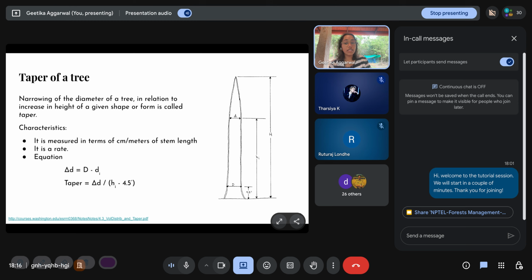So d minus di, and taper will be delta d divided by height minus 4.5 feet here, because here we are taking the d at this height. So you have to subtract this from hi, right? Because this much is hi. So that is taper: delta d divided by the height by which those two diameters are separated. Okay. I hope this is clear.